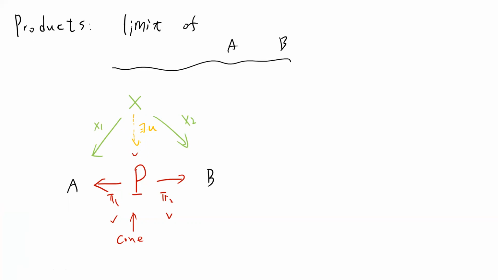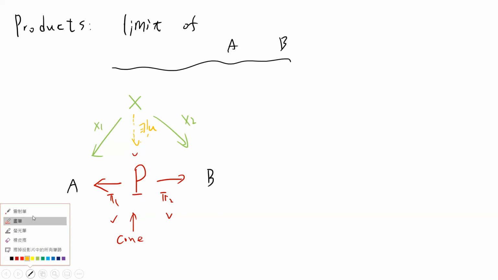This unique U makes the product unique up to isomorphism. I say again, P, pi1 and pi2 together are the product. So a product is not just an object, it must contain two maps. This is the product.